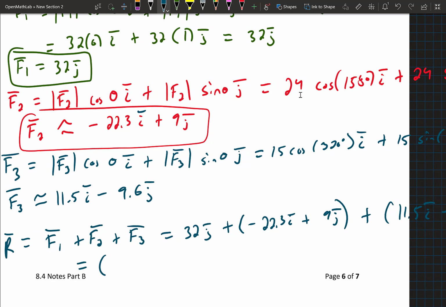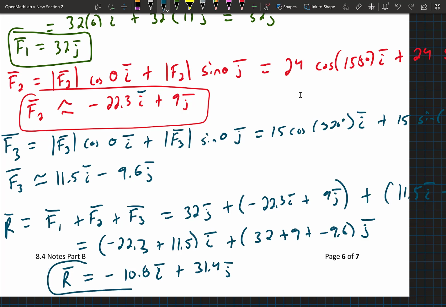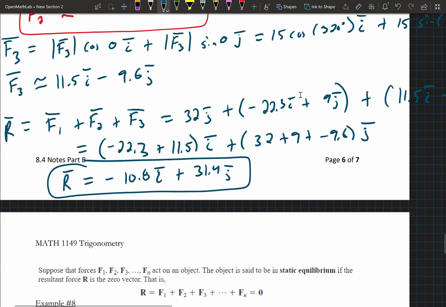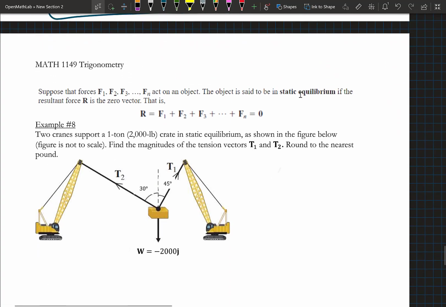This becomes negative 22.3 plus 11.5 times vector i plus 32 plus 9 plus negative 9.6 times vector j, which becomes negative 10.8 times vector i plus 31.4 times vector j. So there's the resultant vector, and that's what we're asked to do, put it in terms of i and j.